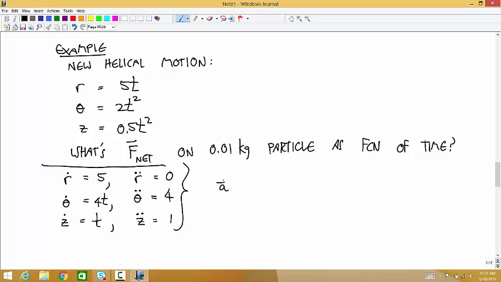And so for the acceleration vector, we have r double dot minus r times theta dot squared. For the theta component, we have 2 times r dot times theta dot plus r times theta double dot.